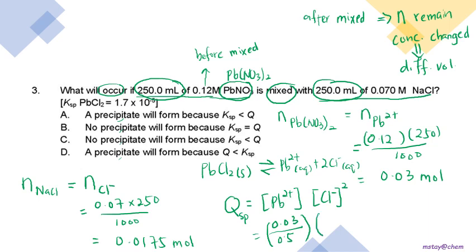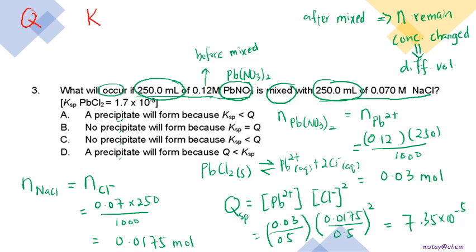Then the concentration of Cl negative is 0.0175 also divided by 0.5, and don't forget to raise it to the power of 2. Multiplying, the answer for QSP is 7.35 times 10 to the negative 5.